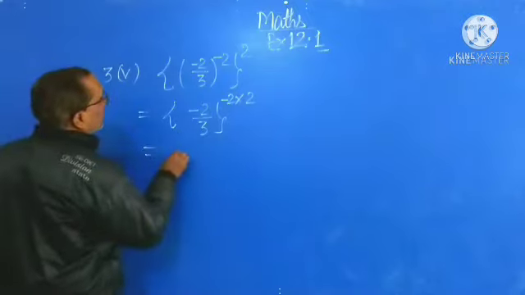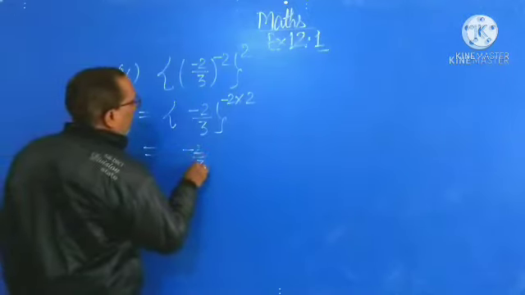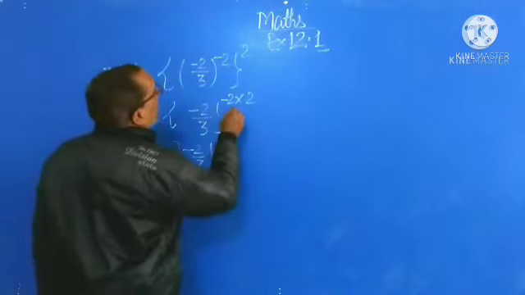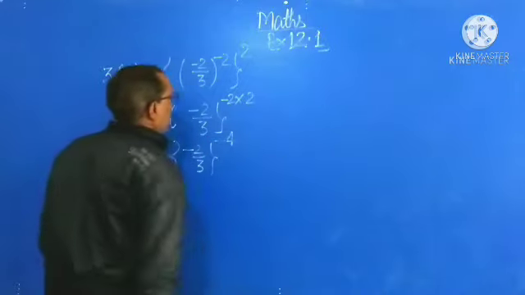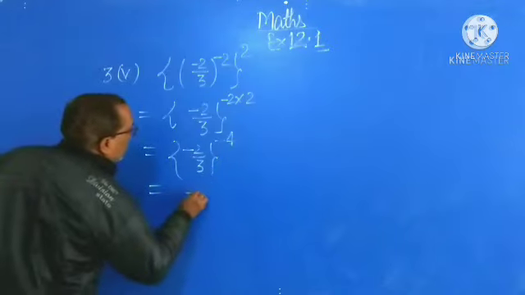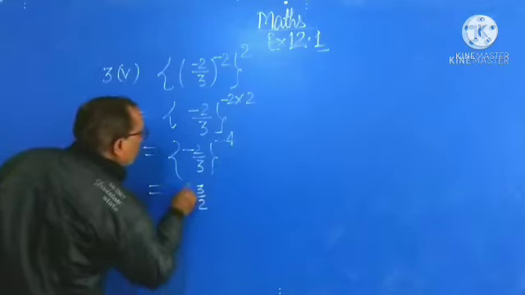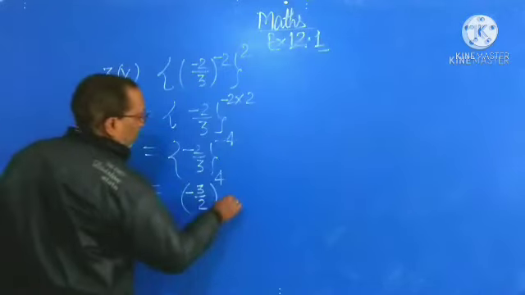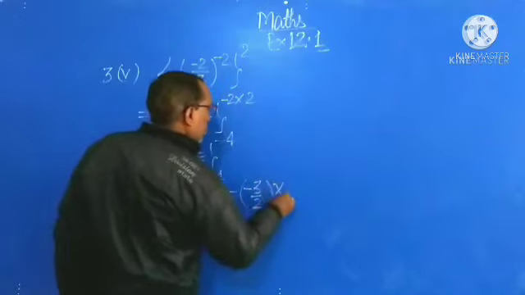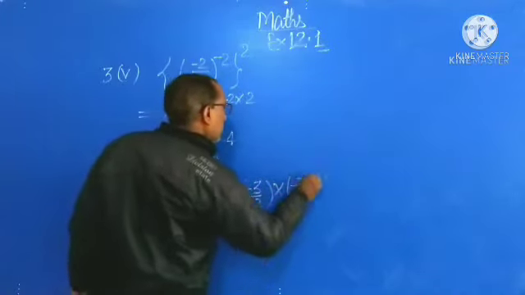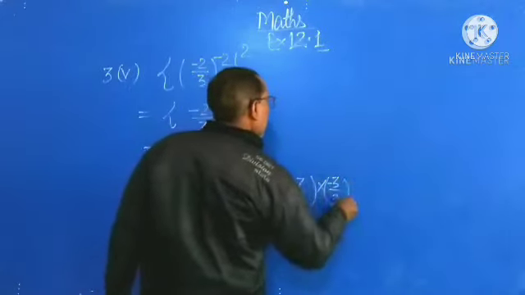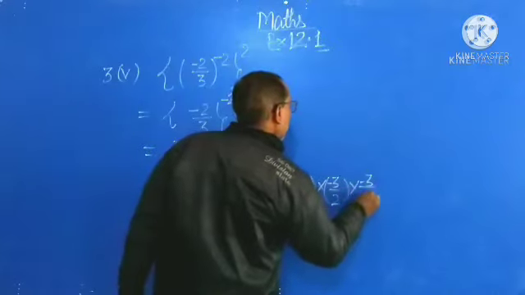You get minus 2 upon 3 to power minus 4. Then you write it with a positive exponent. You get minus 3 upon 2 raised to power 4. That is equal to minus 3 upon 2 into minus 3 upon 2 into minus 3 upon 2 into minus 3 upon 2, 4 times.